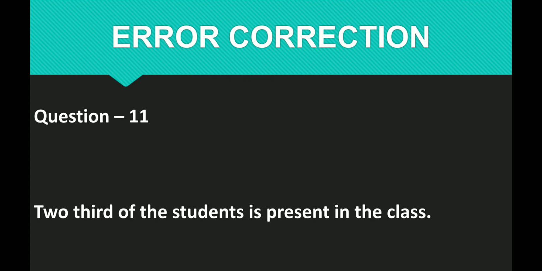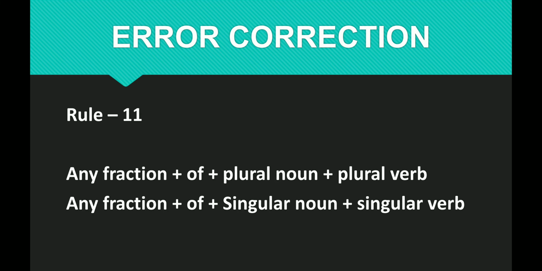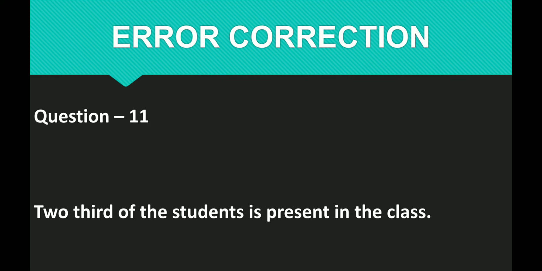If the subject is singular, use the verb singular. If the subject is plural, then use the verb plural. Here is the rule. Any fraction plus of plus plural noun, then plural verb must be used. Any fraction plus of plus singular noun, the singular verb must be used. That means here students is plural.